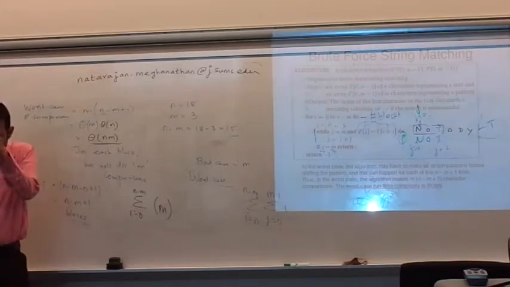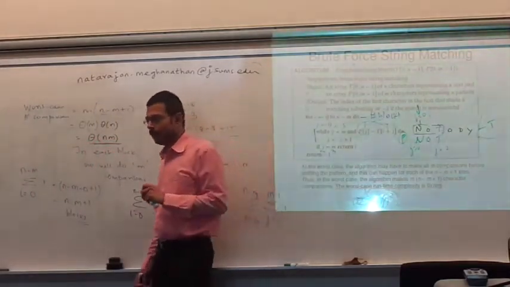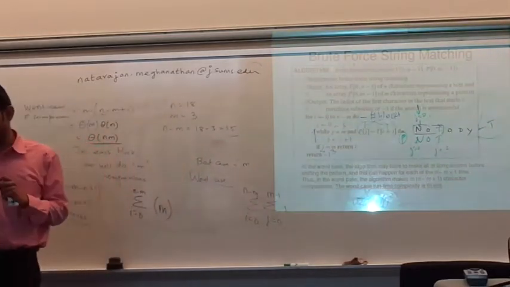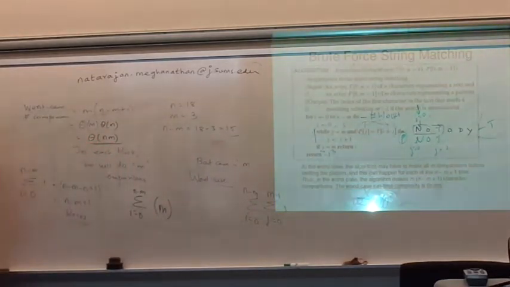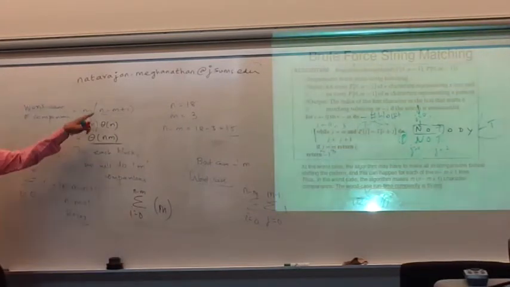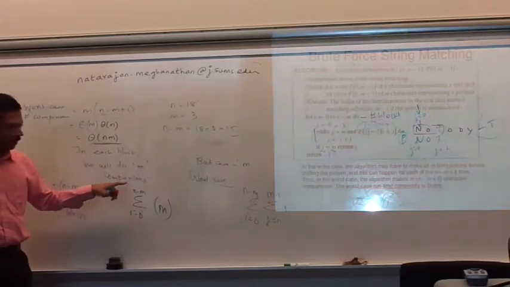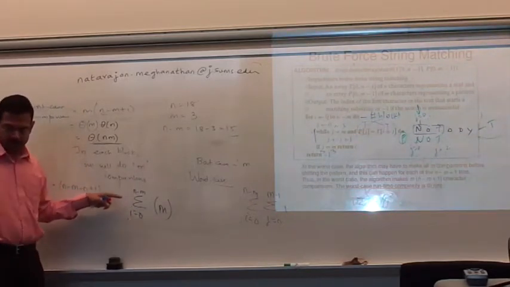So for every execution of this while loop, we will do at the worst case m comparisons, for a particular block, because i represents your block. Now m is a constant as far as this loop is concerned, because this is for the i index. So here the only variable is n.